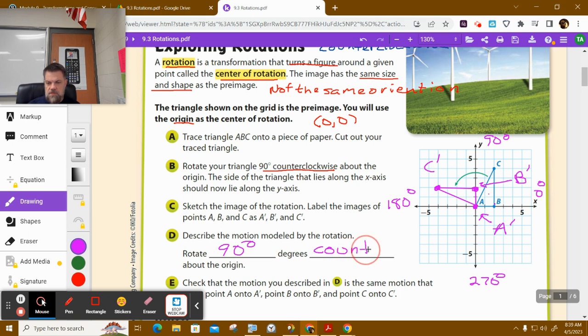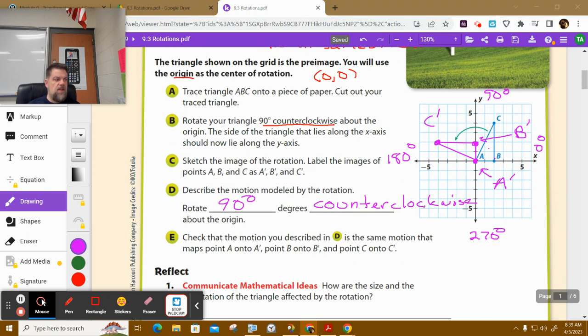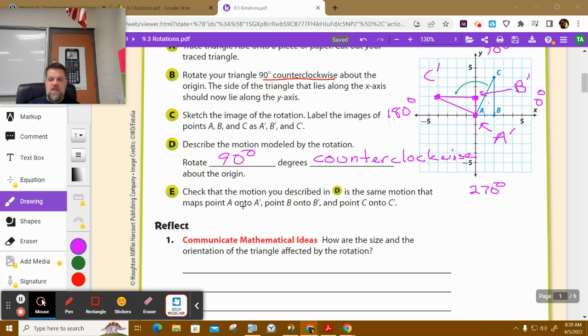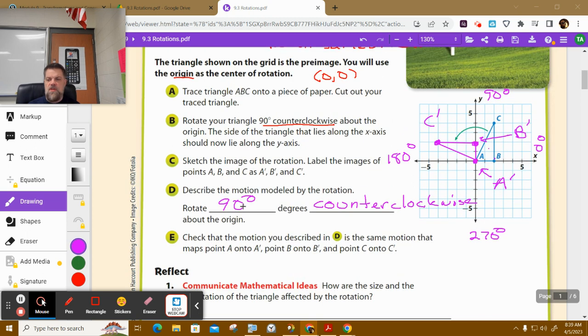That's a big word. Counterclockwise about the origin. And then it says, check that the motion you described is the same motion that maps A to A prime. And so what they're saying is A doesn't really rotate, but B rotates 90 degrees. So if I measure from here to here, it's 90 degrees. If I measure from here to here, it's 90 degrees. Does that make sense?